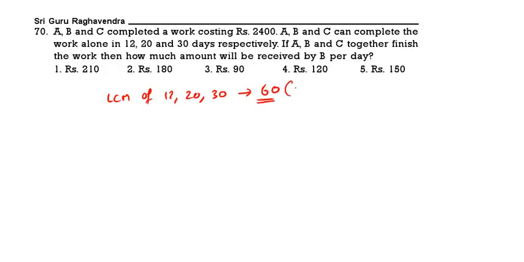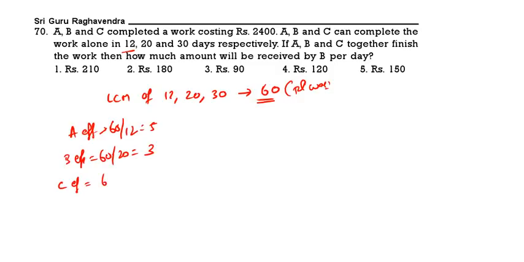So total work is 60. Now A's efficiency: 12 days, so 60 by 12 is equal to 5. What is B's efficiency? 60 by 20, that is 3. What is C's efficiency? 60 by 30, that is 2.